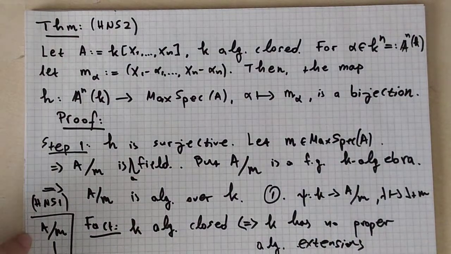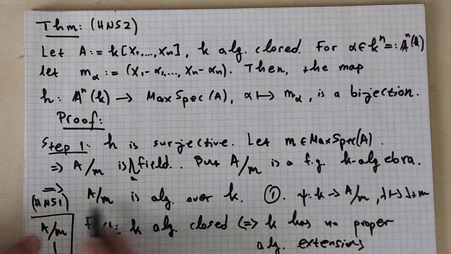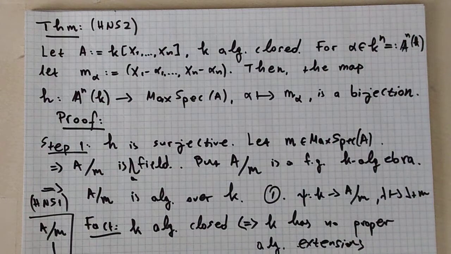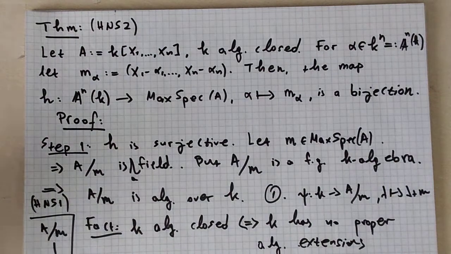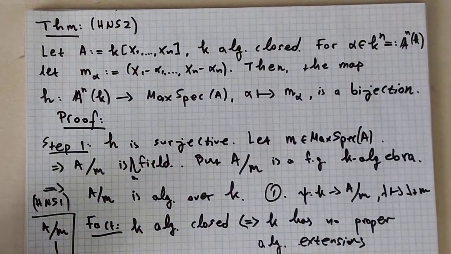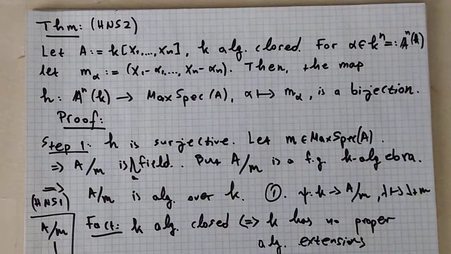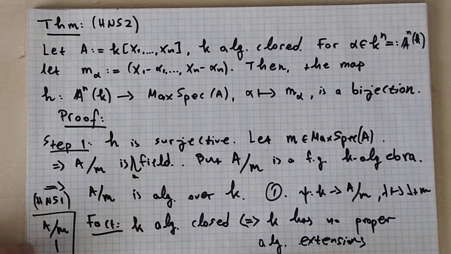But now we just saw by fact 1 that A modulo M is algebraic over K, right? So this is an algebraic extension. So these two fields have to be the same because it can't be a proper algebraic extension, which means that the dimension of this guy as a K vector space has to be equal to 1. So we must have equality of these two fields.